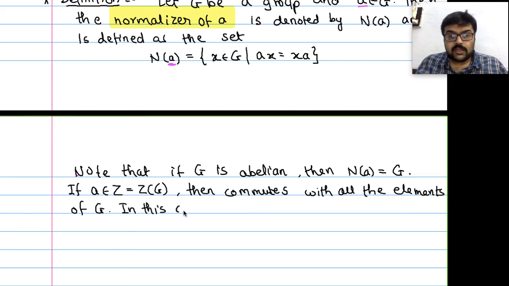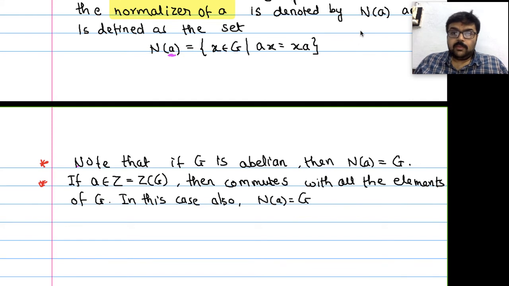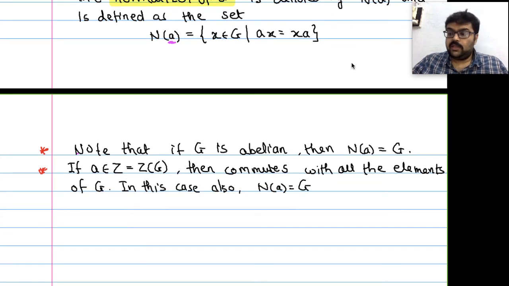So in this case also, we can say that NA equals G. So we have two cases. In other cases, this may be a proper subgroup, which is interesting.